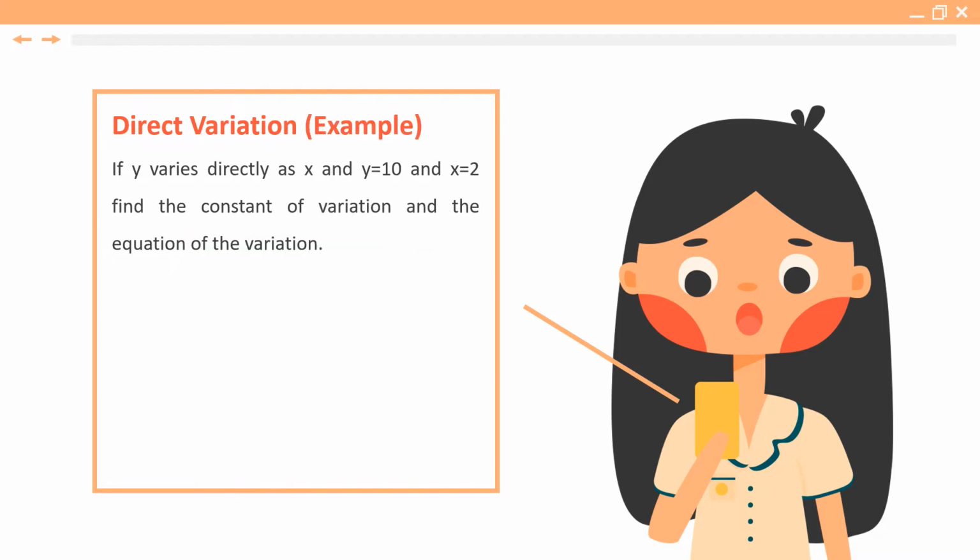Let's have our examples. If y varies directly as x and y is equal to 10 and x is equal to 2, find the constant of variation and the equation of the variation. First, let's see that it has the keyword directly. And what we're going to find is the constant of variation, which is our k.